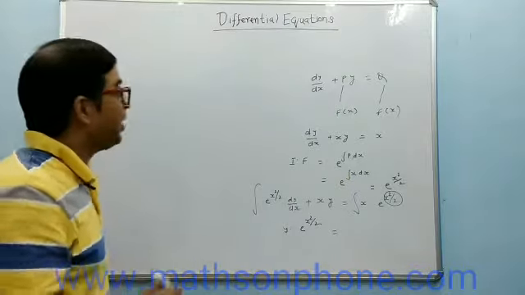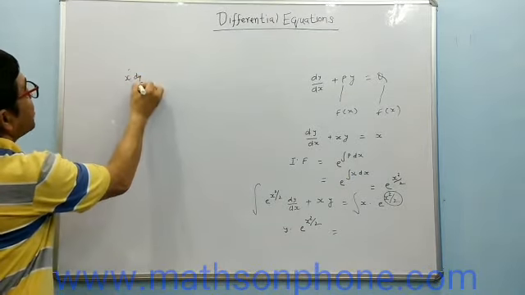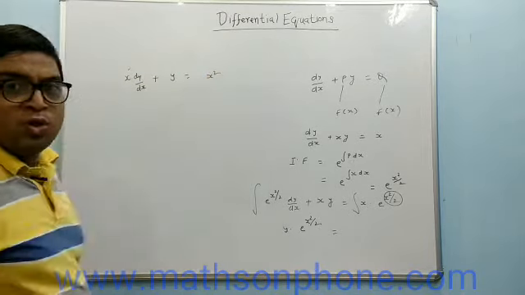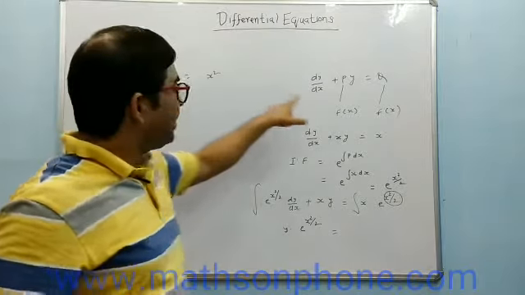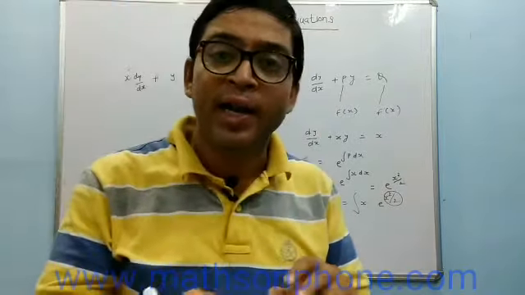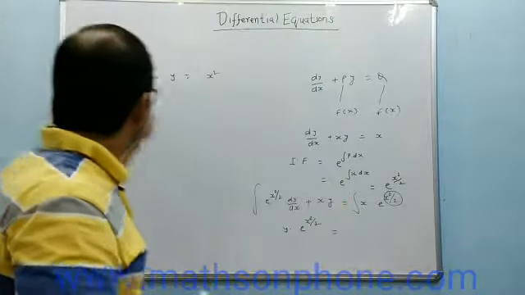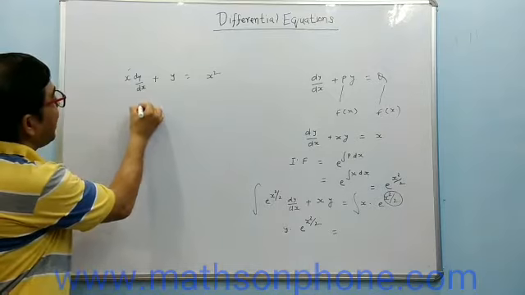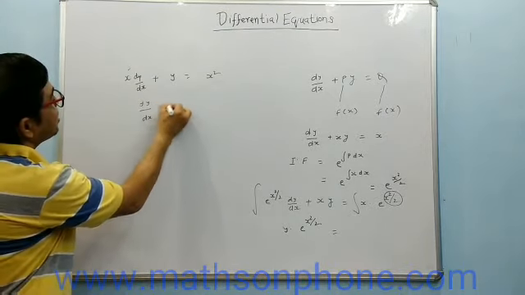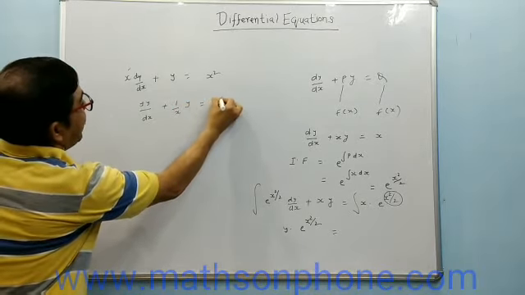One more example I am taking: x dy by dx plus y is equal to x square. So firstly we have to bring it in that form. That means dy by dx should be independent of any coefficients of x or y. On dividing by x both sides, it will be in the form dy by dx plus 1 by x y is equal to x.